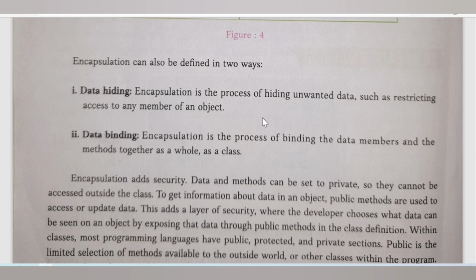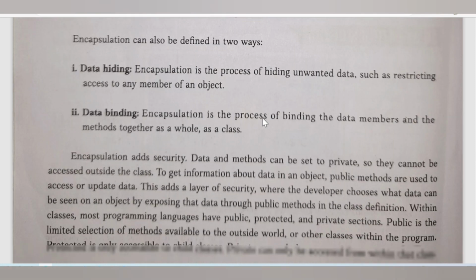It means here the programmer has the right to hide specific data or to show specific data to a user. If he wants to share the data, he will declare the data as public, and if the programmer wants to hide the data from the normal user or from a particular method or function, then he can declare the data as private. Private data cannot be accessed from outside the class.